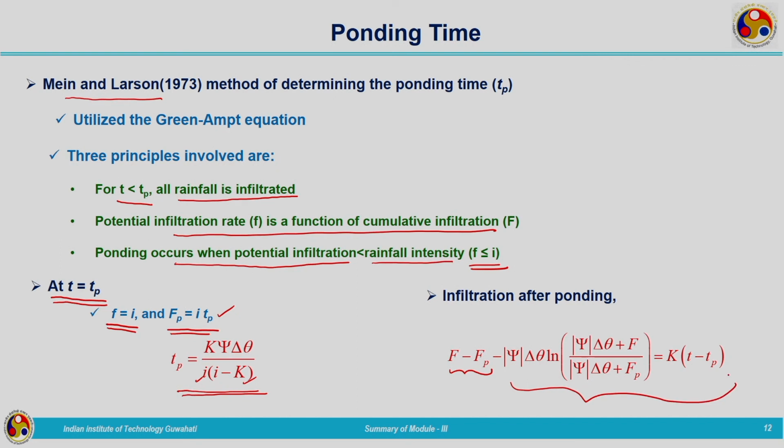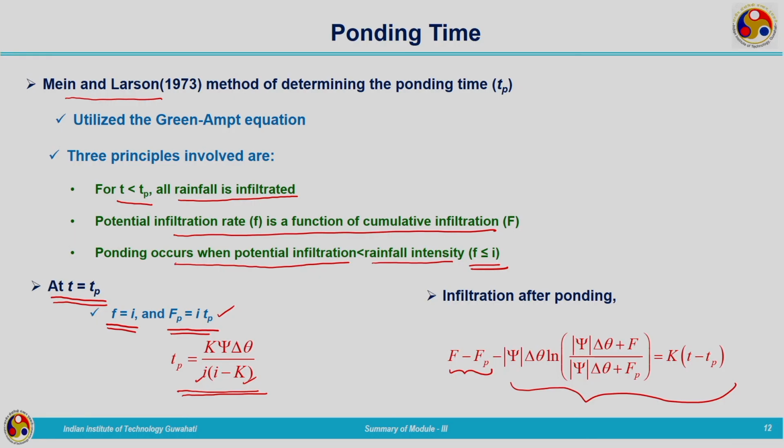This equation has to be solved by iterative methods, because it is an implicit equation with infiltration on both sides. So, some trial and error techniques need to be utilized for solving it.